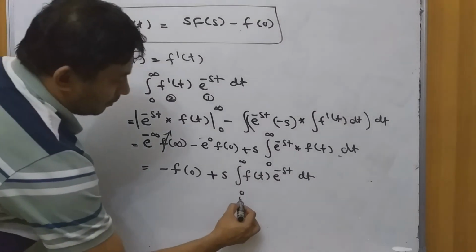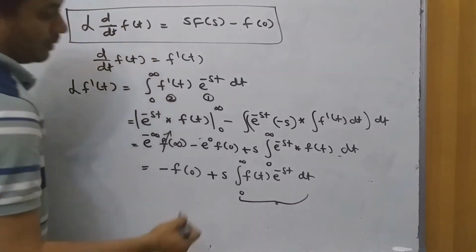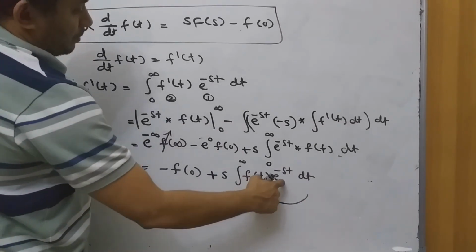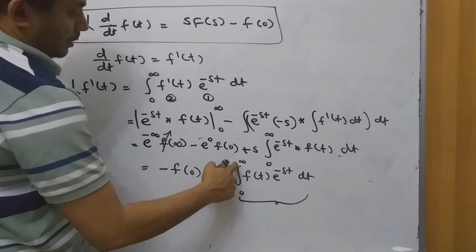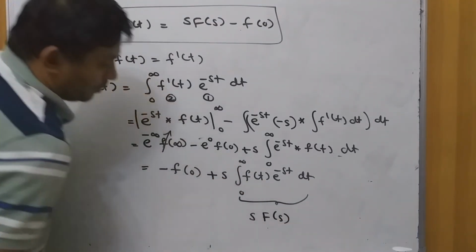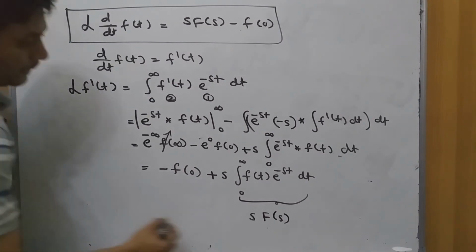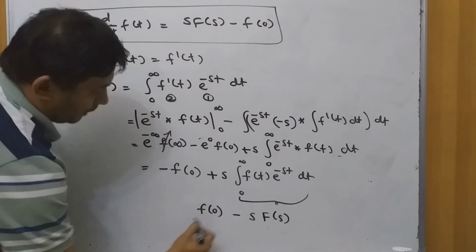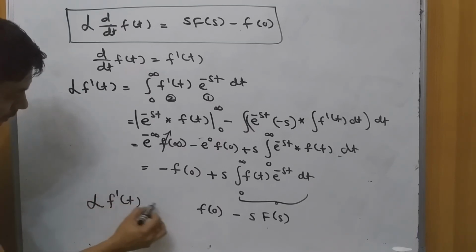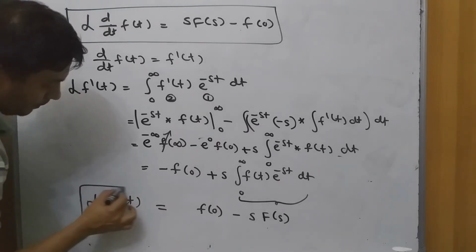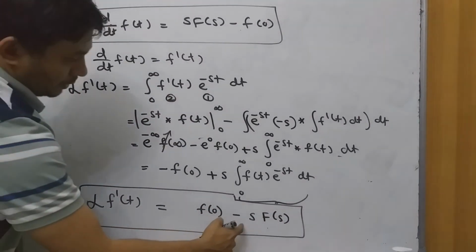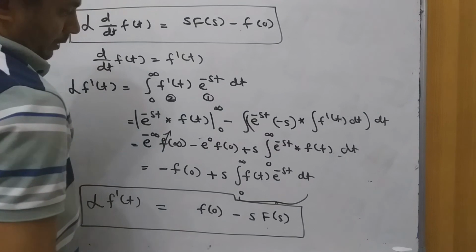Already we have seen from the basic definition of the Laplace transform that a function f of t multiplied by e raised to minus st dt, if you integrate between 0 to infinity, we will get F of s. So this will give you s into F of s. Then we have the term minus f of 0. So in short, the Laplace transform of the derivative of a function is s into F of s minus f of 0.